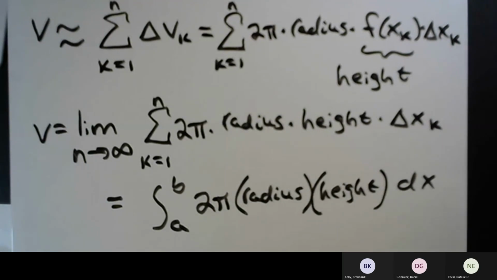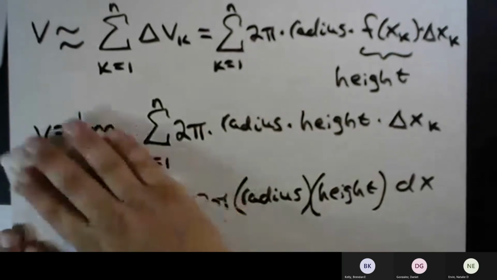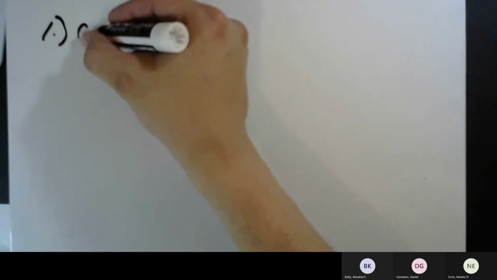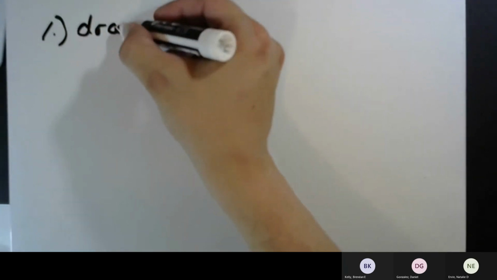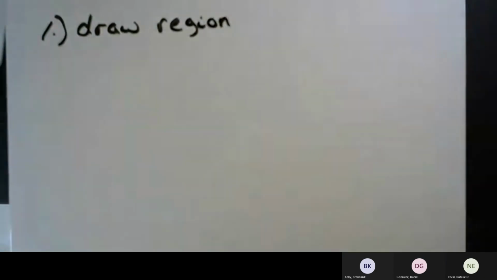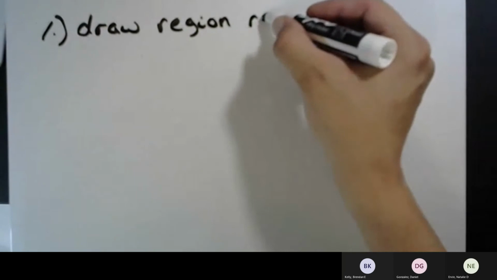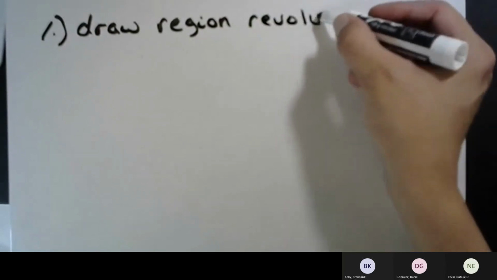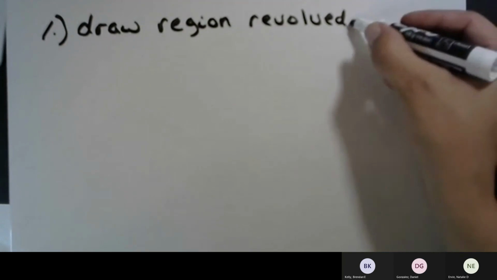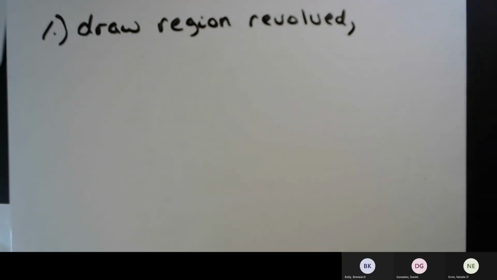All right. So let's take a look at an example. Now, they give some advice on how to do these, just like the other problem. So first off, we'll draw the region. Now, again, this is for objects that are being revolved. And it's just a different way of calculating these other than the disk method. So we're going to draw the region that's being revolved.